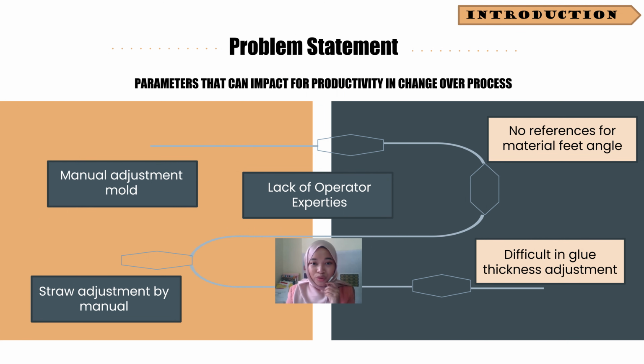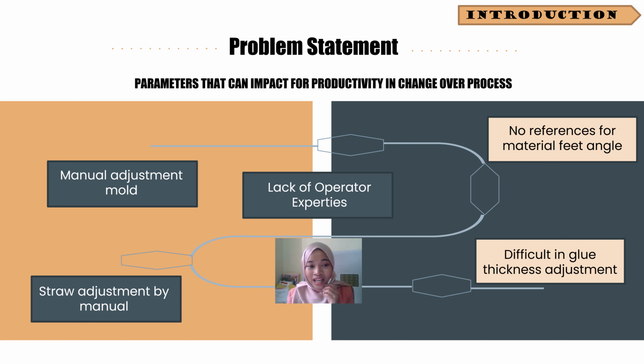So, we move to the problem statement. Parameters that can impact productivity in the changeover process. Actually, I have already visited an industry making straws. From my investigation, I noticed there are a few problems in the production line.